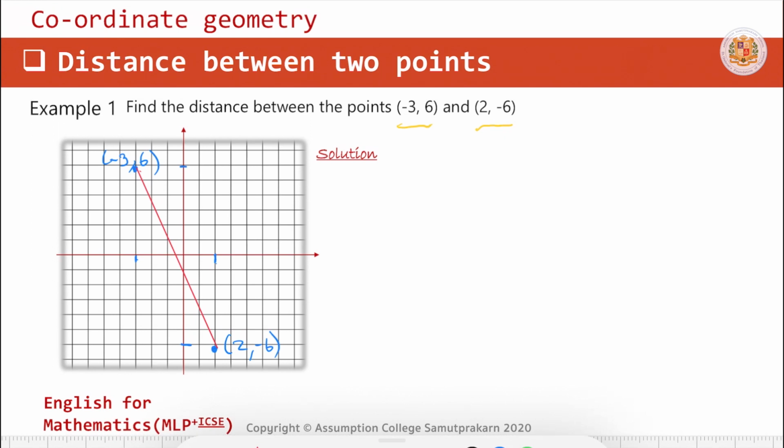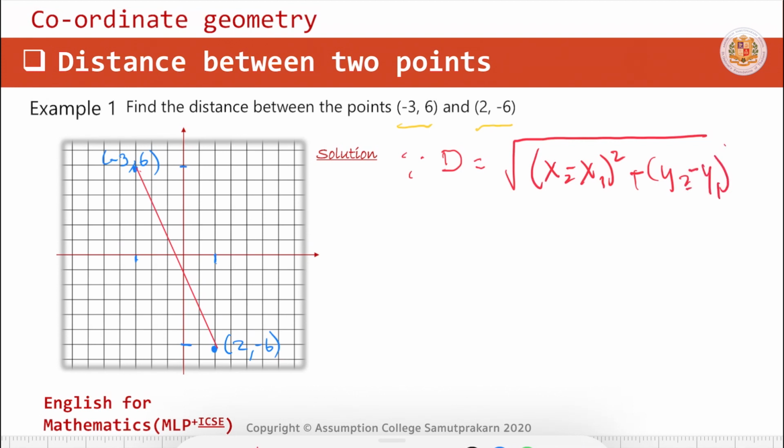We can find the distance between these 2 given points by using the formula. Since we didn't say which one is P and which one is Q, we can just say, because the distance is represented by D, the distance formula is equal to the square root of x2 minus x1 squared plus y2 minus y1 squared.